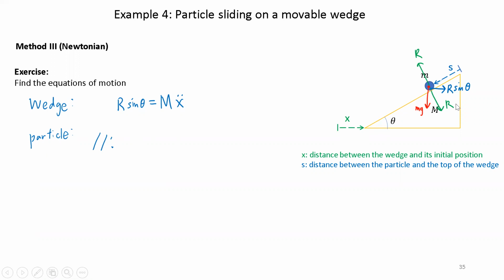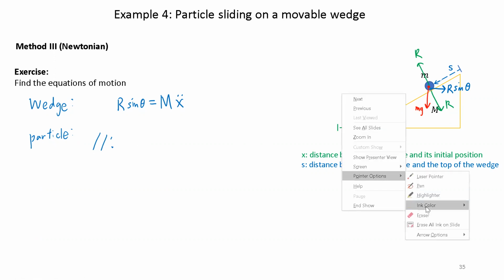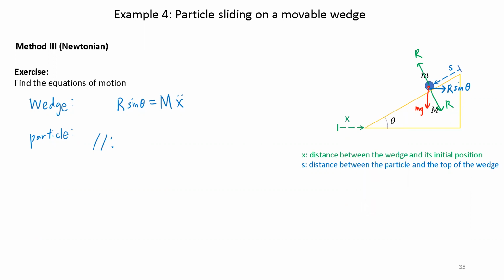Here, first you can still quite easily find the force. The r is perpendicular to the surface, so that is irrelevant to this equation. And the only component acting parallel to the wedge surface would be due to the mg, so this would be mg sine theta.